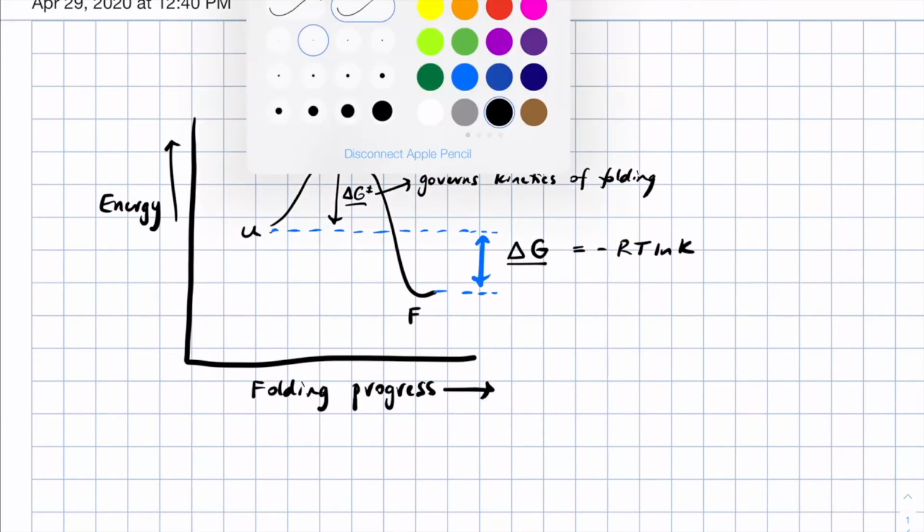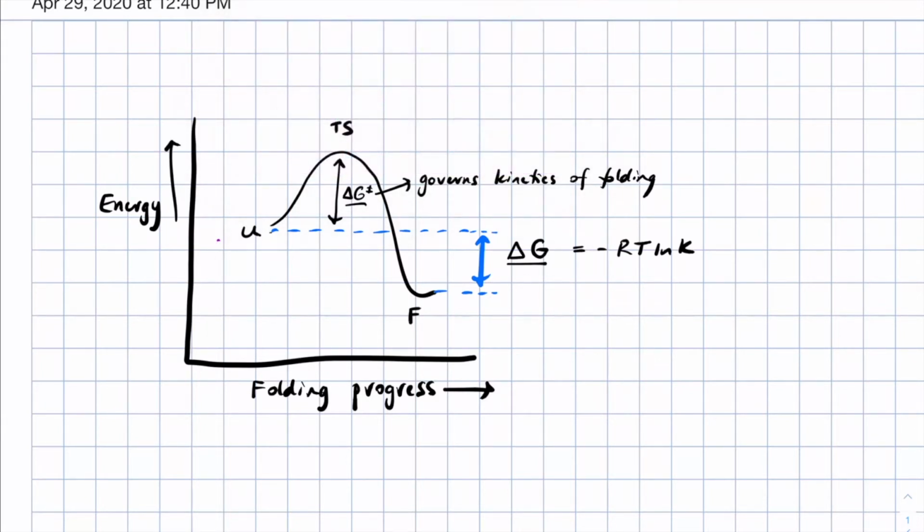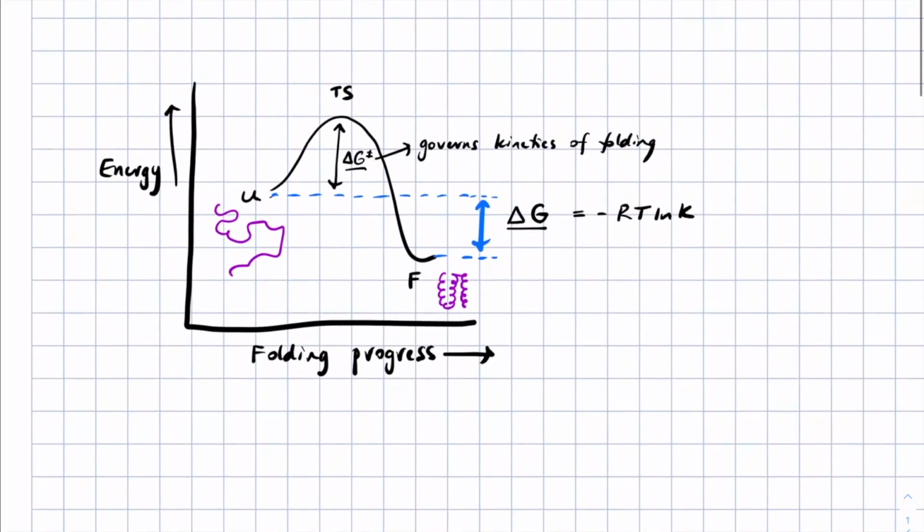You go from, we'll say, an unfolded conformation, really an ensemble of unfolded conformations, to perhaps the more structured native state that you would observe in a crystal structure or NMR experiment.